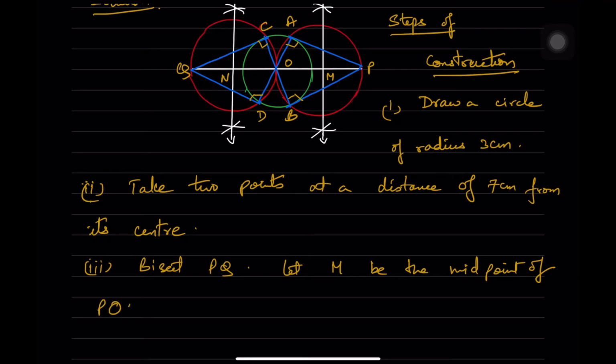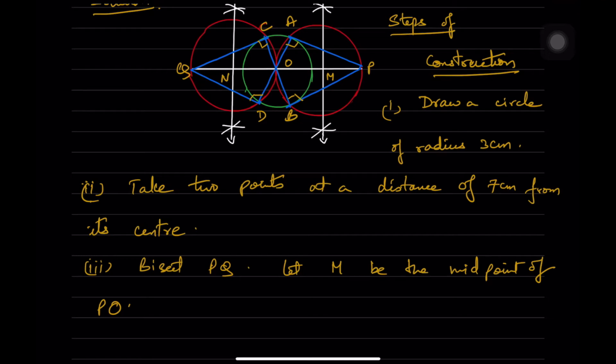From the center O, you are taking a total distance of 7 centimeters on one side, that is P. And again from O towards the left side, you are taking 7 centimeters, that is OQ.